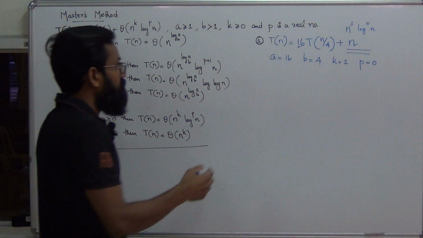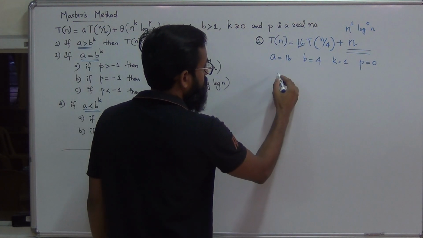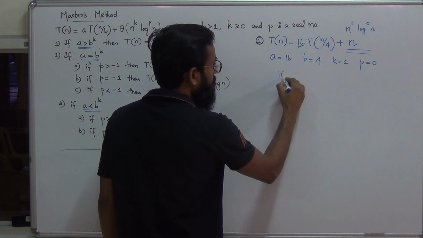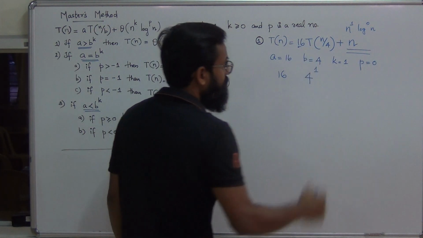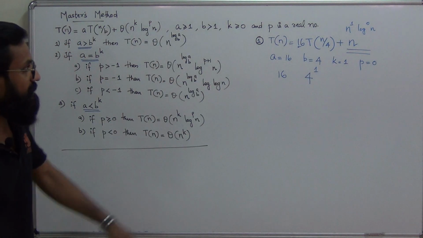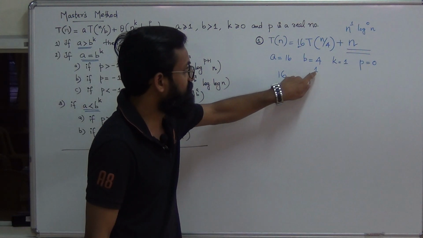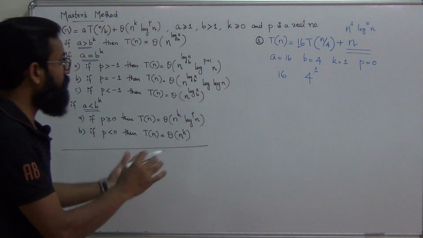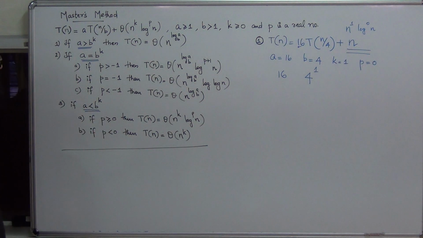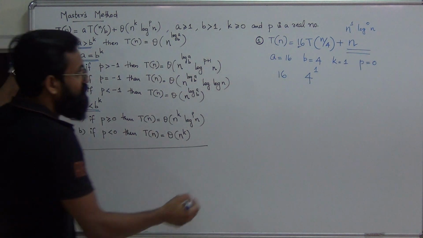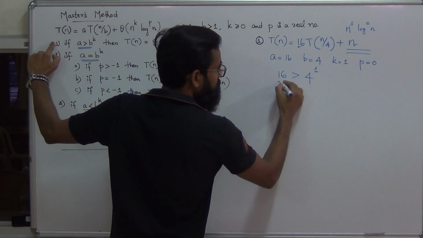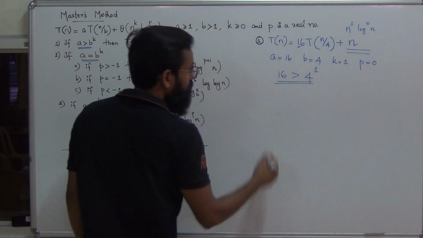Now as I said, you have to compare a and b^k. So a is 16 and b^k is actually 4^1, which is 4 itself. Now you compare these two and identify which case it falls in. It is pretty clear that a is greater than b^k, so 16 is greater than 4^1.